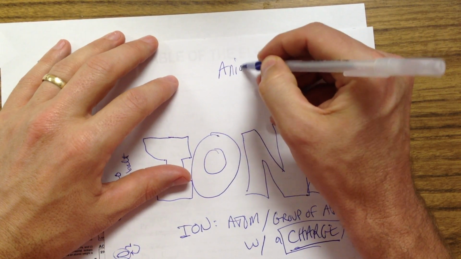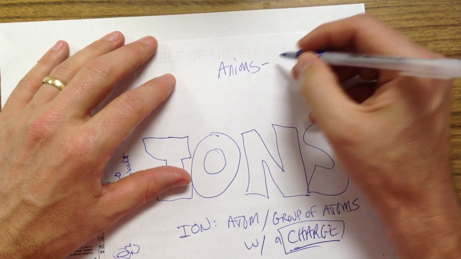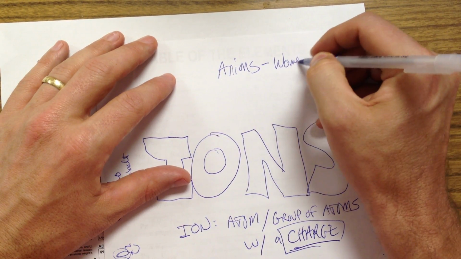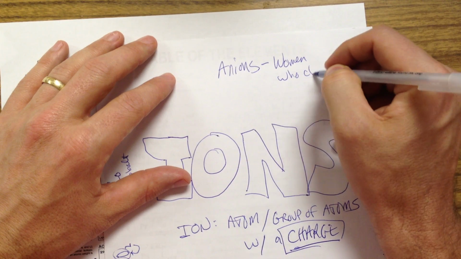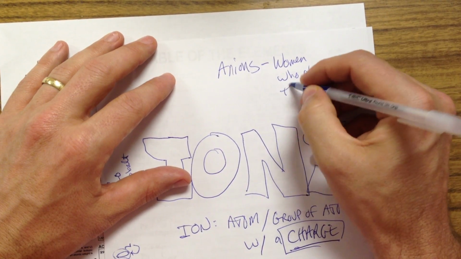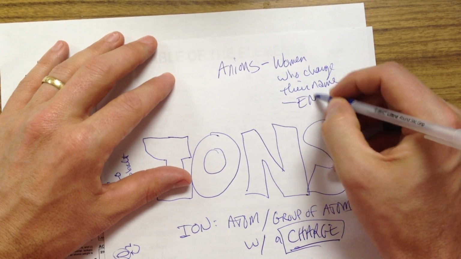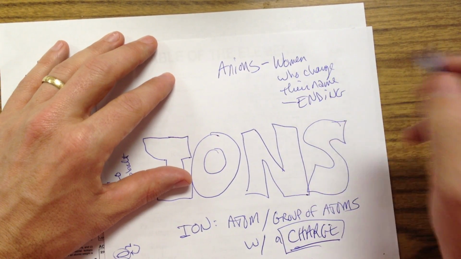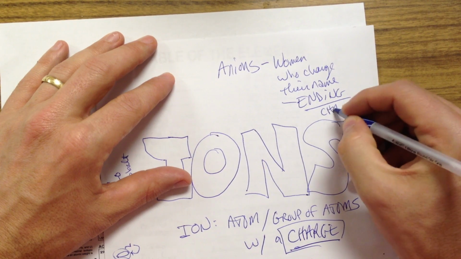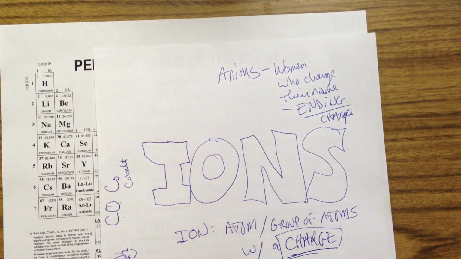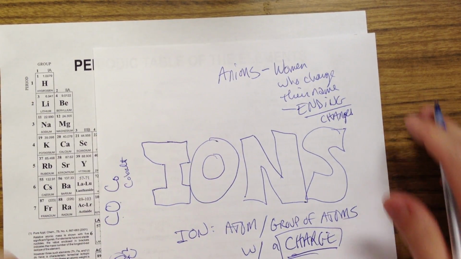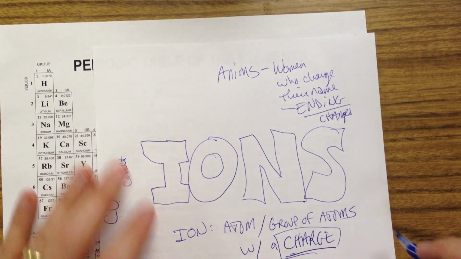Anions are like women who change their name when they get married, because they change the ending. You don't change your first name, you change your last name. Not that you have to do that, but it's kind of how it works a lot of the time, and so that's a nice little way to remember that.